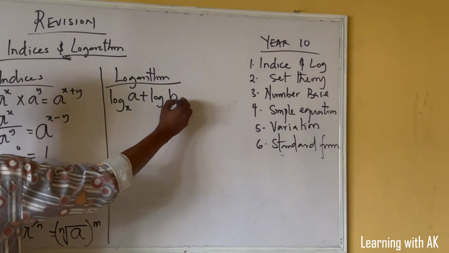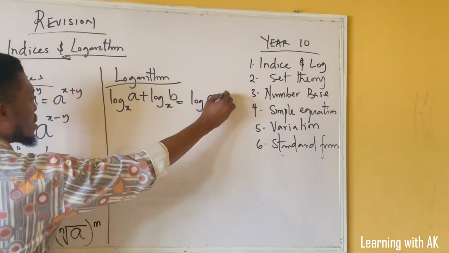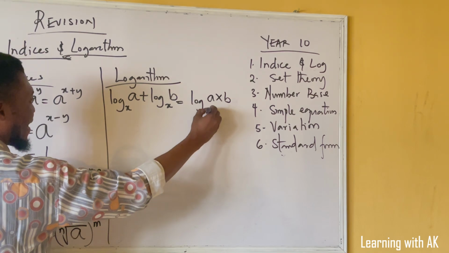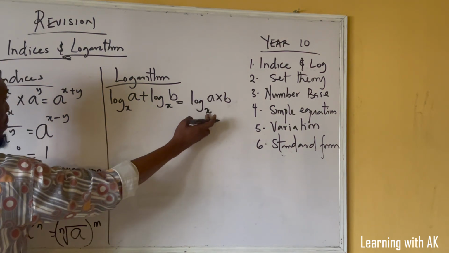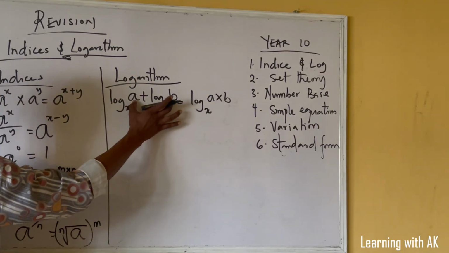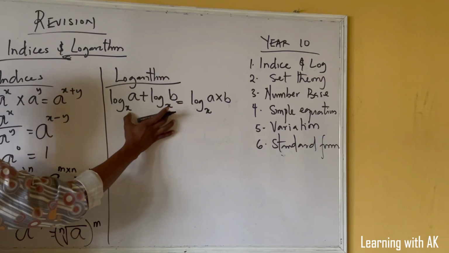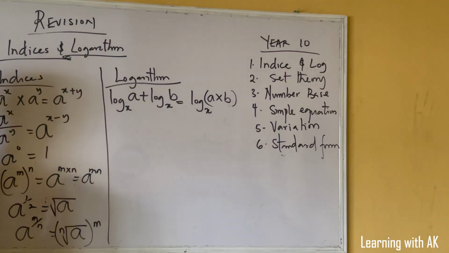For this, I'm going to have log a times b base x because the base is the same, because this is addition. So when you say addition, you multiply the numbers, then you put in the same base, okay? That's what the law says.